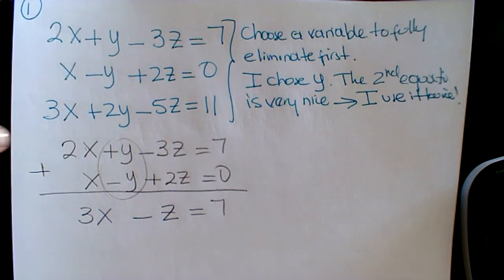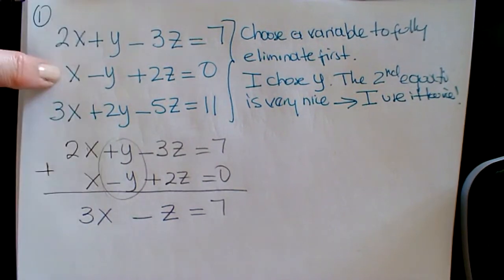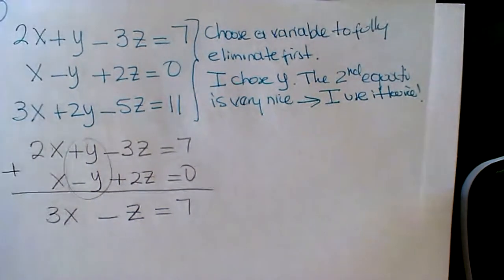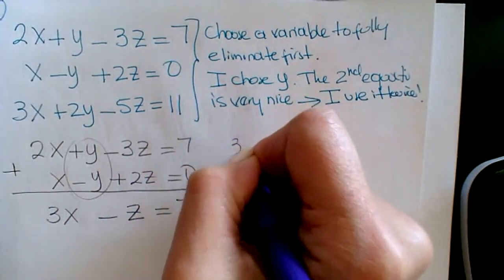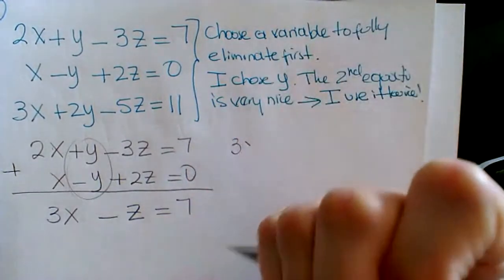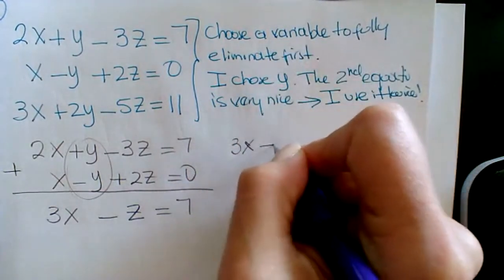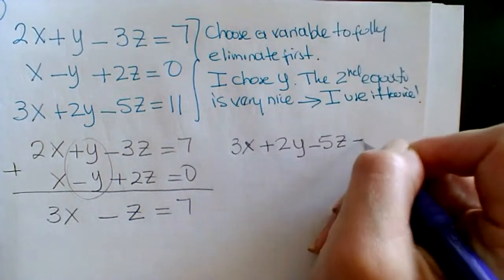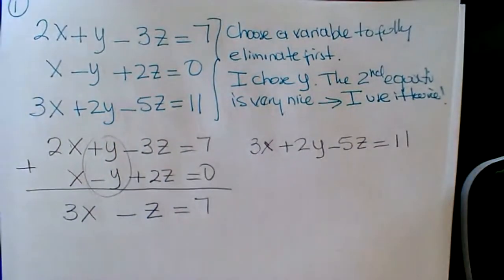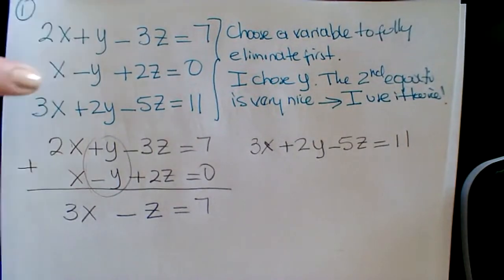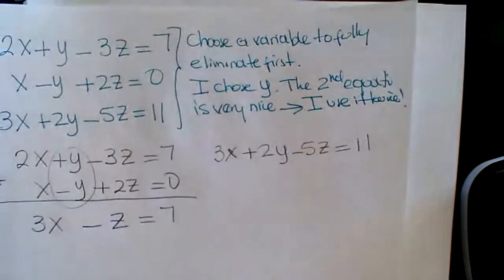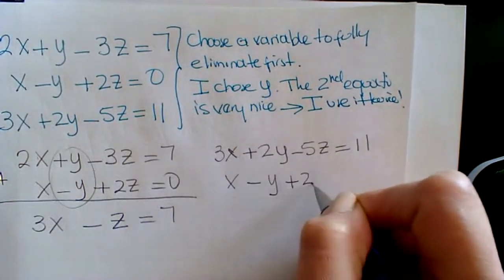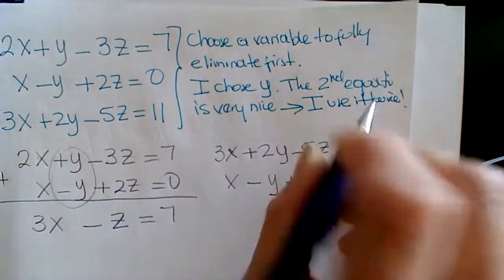Now, I'm going to take this third one and I'm going to combine it with the first one. So the third one is 3x plus 2y minus 5z equals 11. So I took this one and this one. Now I'm going to take this one and this one: x minus y plus 2z equals 0.